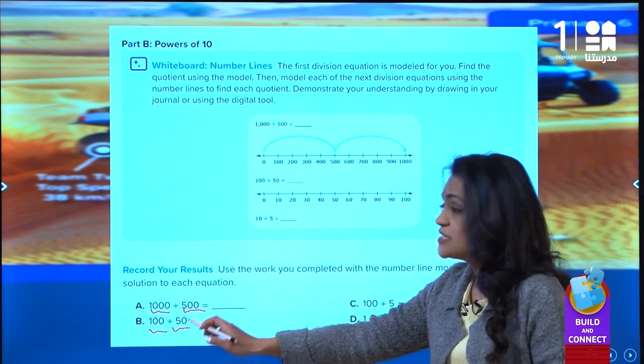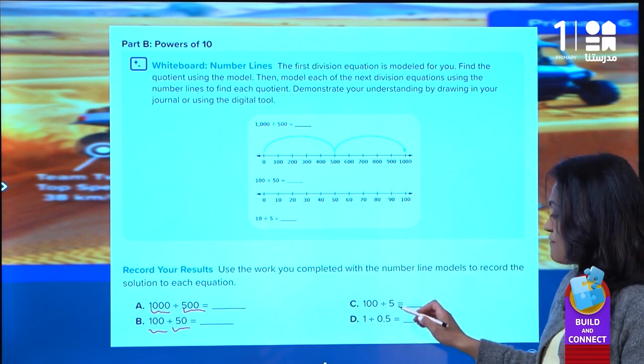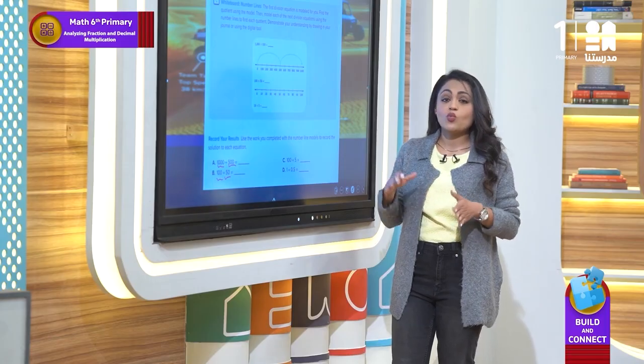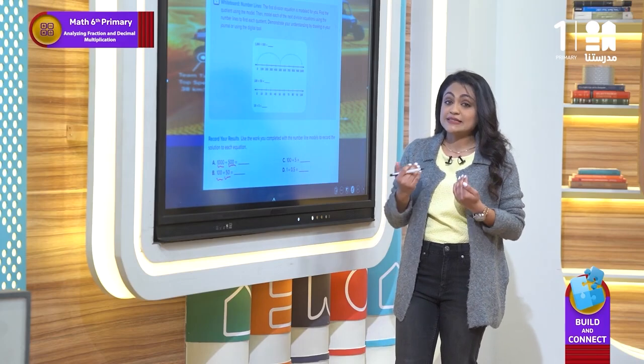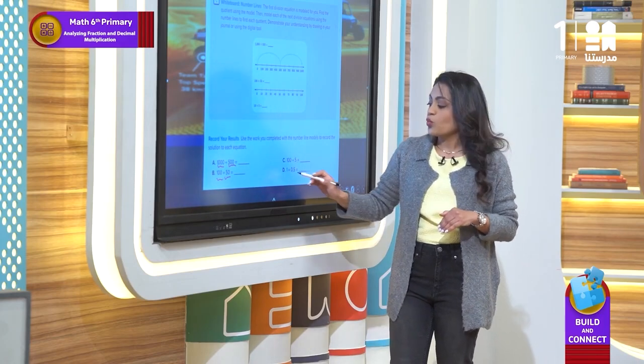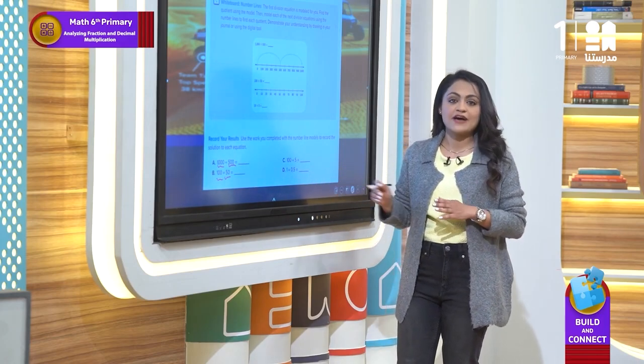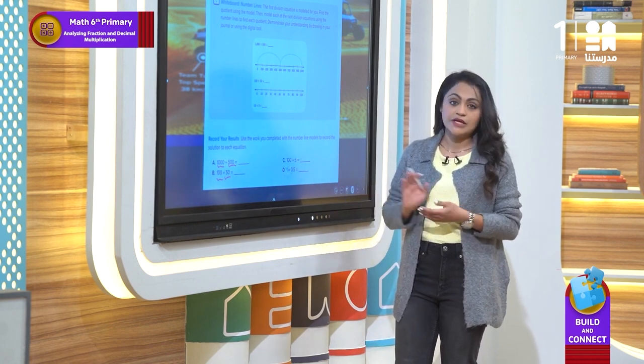And 50 divided by 10 gets us 5. And when we divide them by 10, they will be 1 over 0.5 as in the fourth problem here.